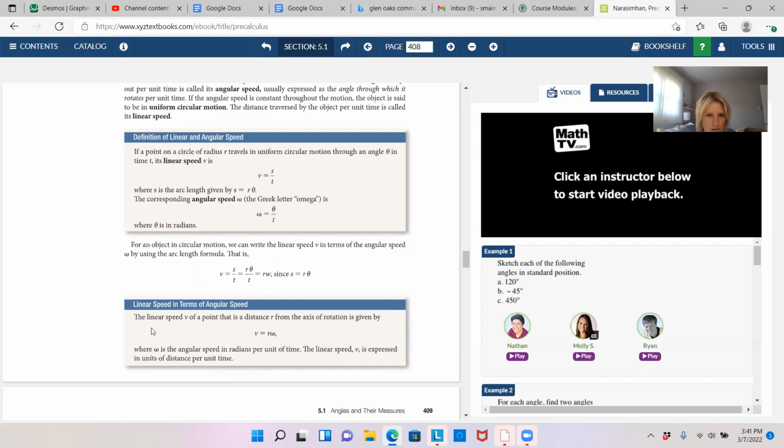Let's go back and read that again. The distance traversed by the object per unit time is called your linear speed. So your linear speed of a point that is a distance r from the axis of rotation is given by this.